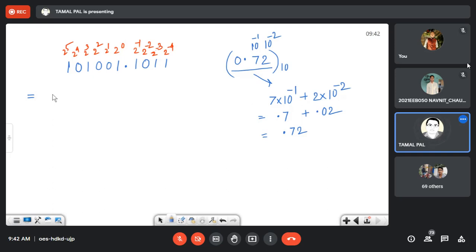Now I will rather not do the integer part here because you have done it. It will make the operation clumsy. So 1011.